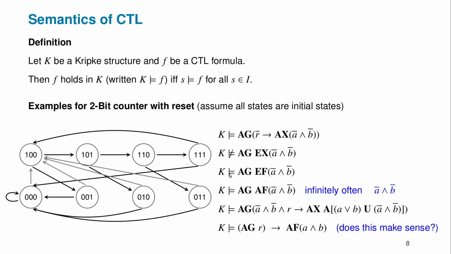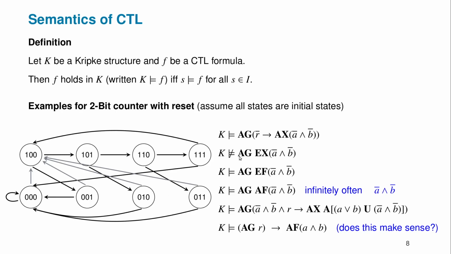This is in contrast to the formula AG, EF, not A and not B. So here we do not have exists next, but we have exists finally. So it doesn't matter how many steps we need, we just have to reach at some point, from any state, one state in which not A and not B is true, and this is obviously the case.